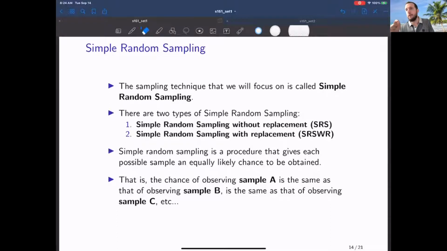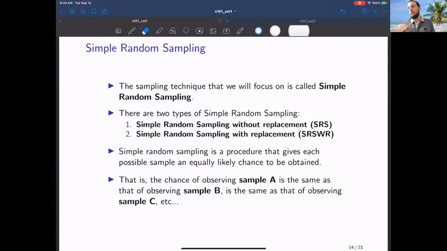So in an SRSWR, which is the simple random sample with replacement, every single observation has a 1 over the population size chance of entering into the sample. Whereas with the SRS, each time a person enters into the sample, they cannot be selected again.